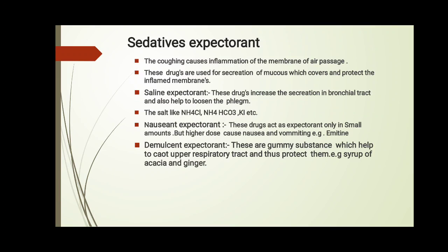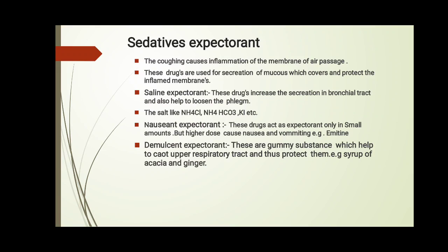Sedative expectorants are drugs used for the secretion of mucus which covers and protects the inflamed membrane and reduces the irritation caused by cough. There are three main types: saline, nauseant, and demulcent expectorant.